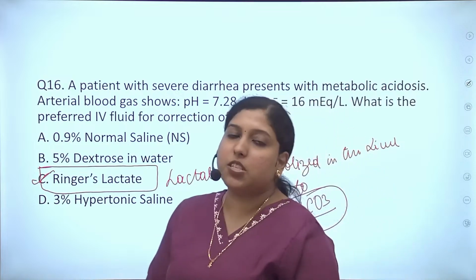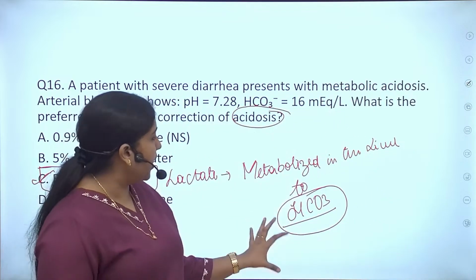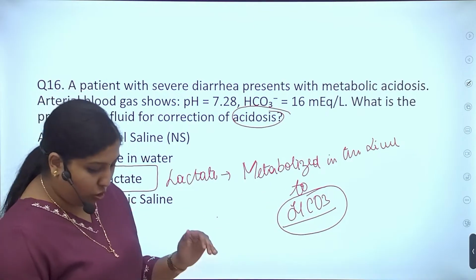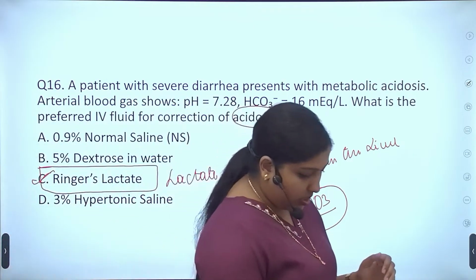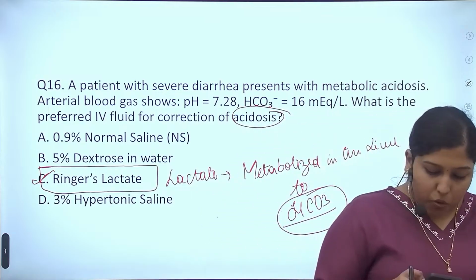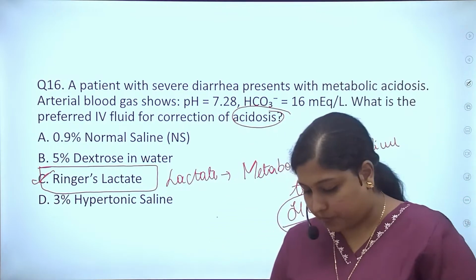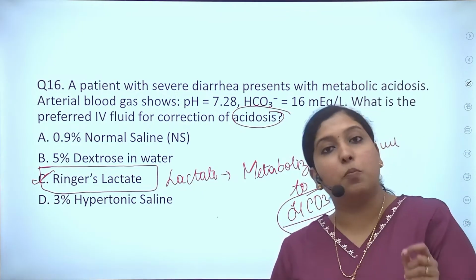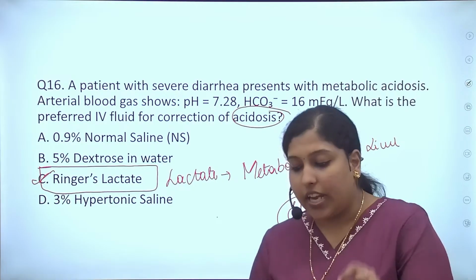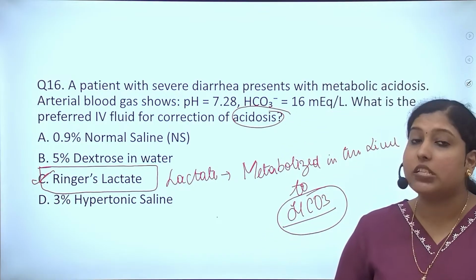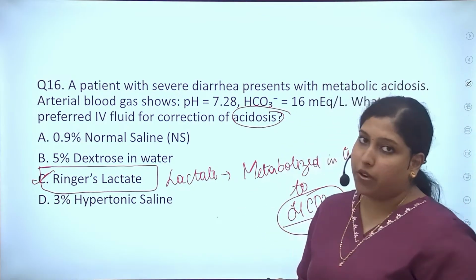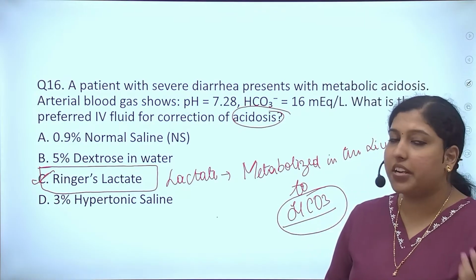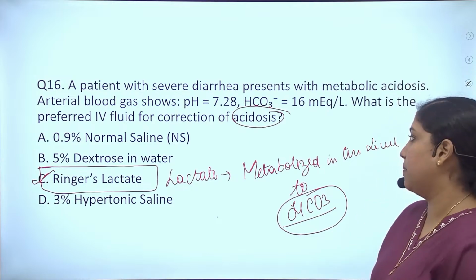So the conversion of lactate into HCO3 is very important in this case. Very good, because it contains lactate, but the most important thing to additionally remember is that it is metabolized to bicarbonate by your liver, so that it produces more bicarbonate and compensates the mechanism.